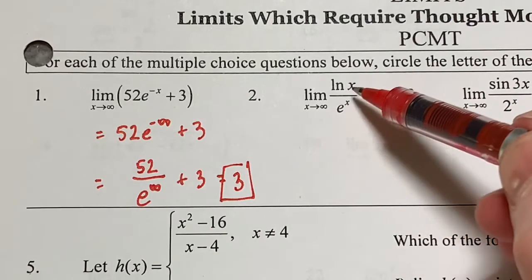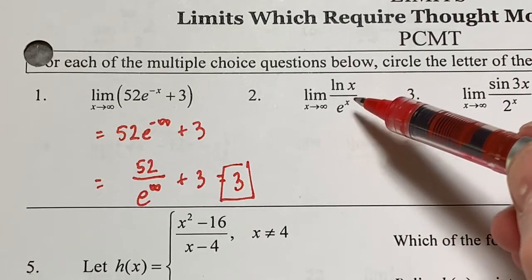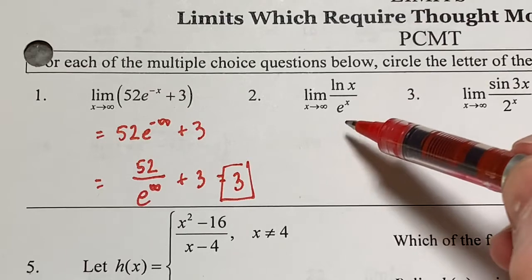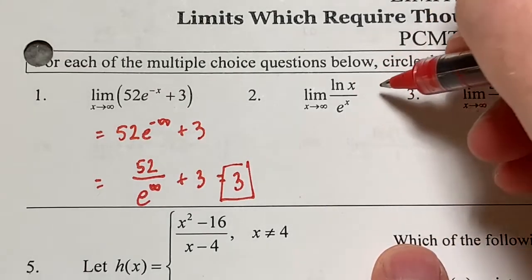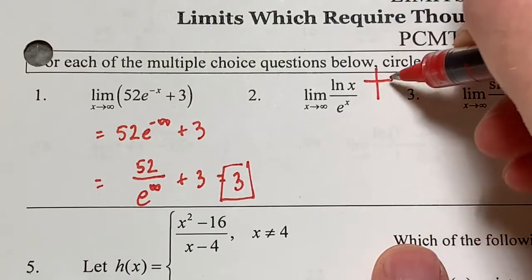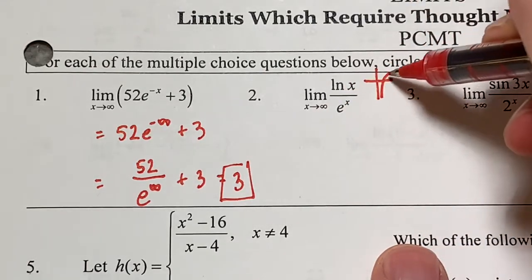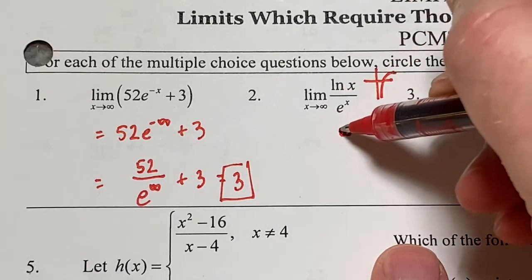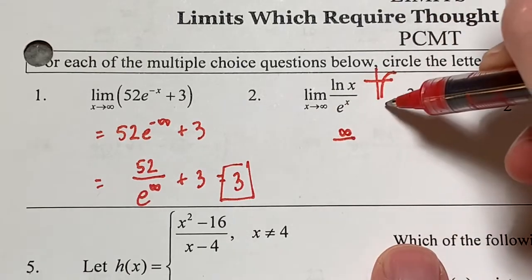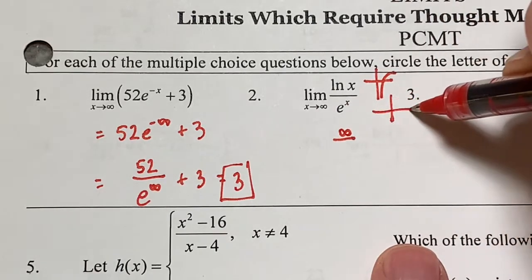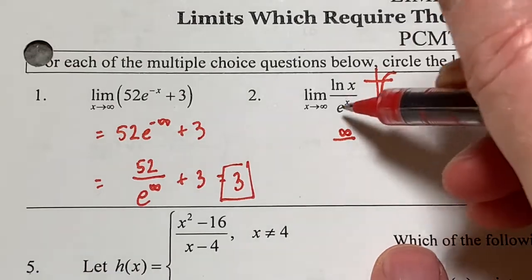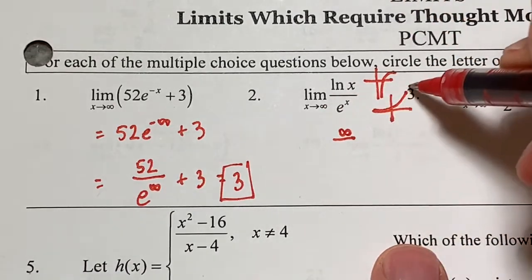All right, what about this one? If I plug an infinity in there and infinity in there, I'm getting the natural log of infinity and e to the infinity. Well, if you think about the natural log graph, it looks something like that. So as I move forever to the right, this is approaching infinity on the top. The e to the x graph, however, also approaches infinity as you move to the right. You can see it going up.